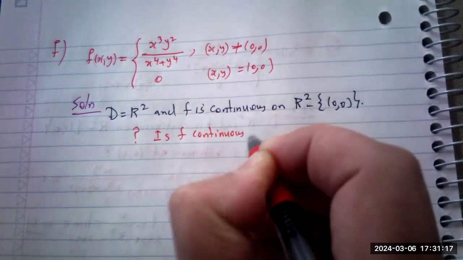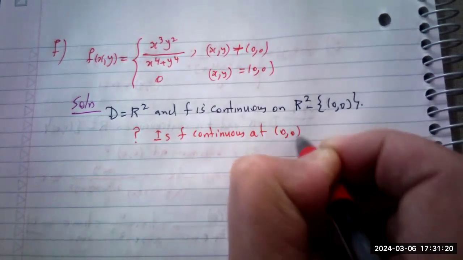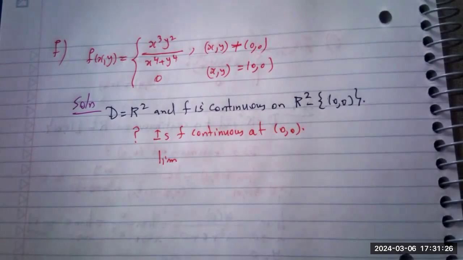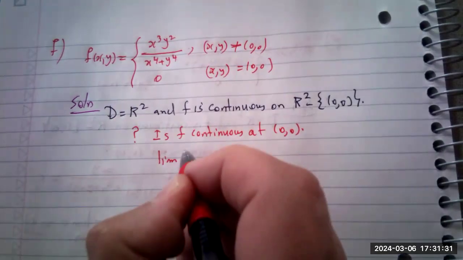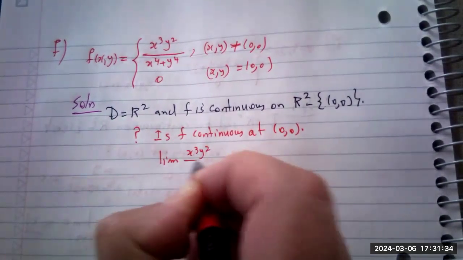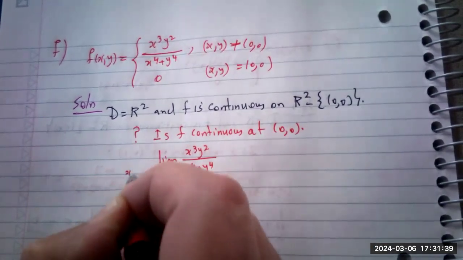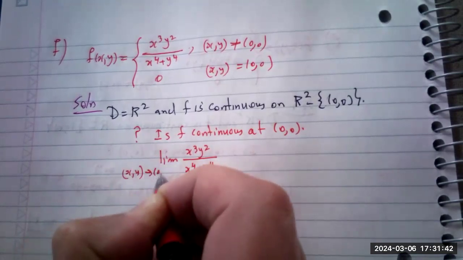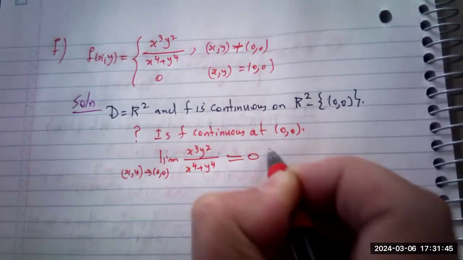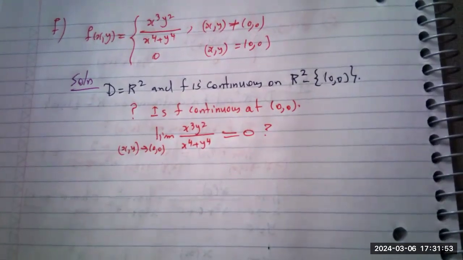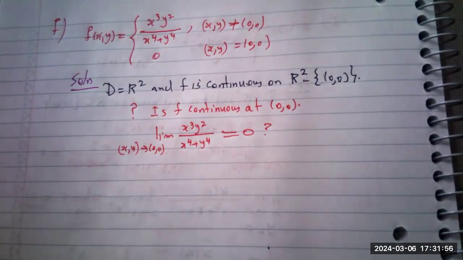It's the same as proving that the limit of x cubed y squared over x to the 4th plus y to the 4th, as x comma y goes to 0, 0, is 0. You have to prove this one, and we did it by estimating. I just remind you of the way we did it.